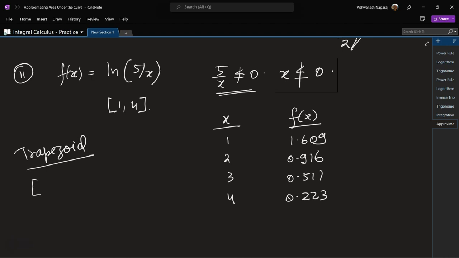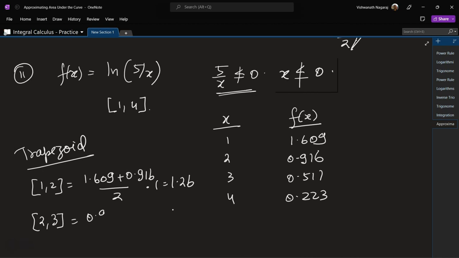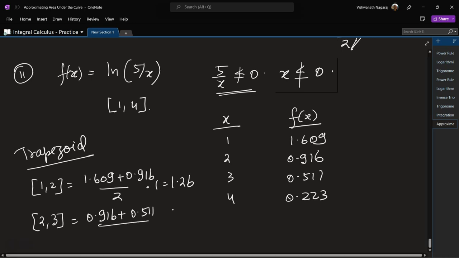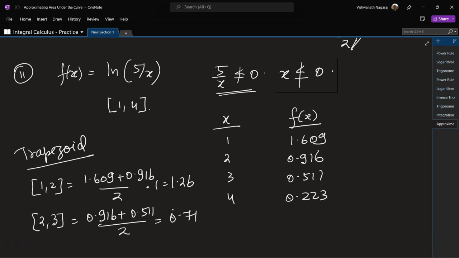we get area from 1 to 2, 1.609 plus 0.916 by 2 times 1, which is equal to 1.26. Similarly, 2 to 3 would be 0.916 plus 0.511 by 2, which gives us 0.71.